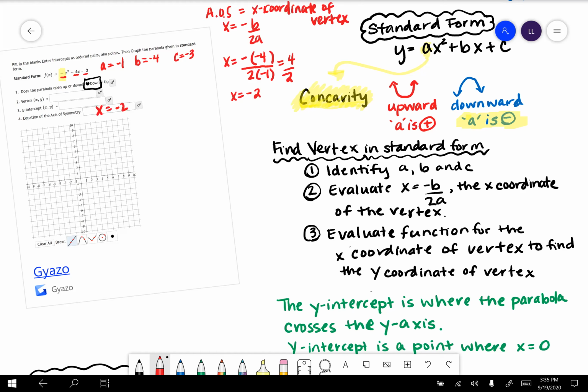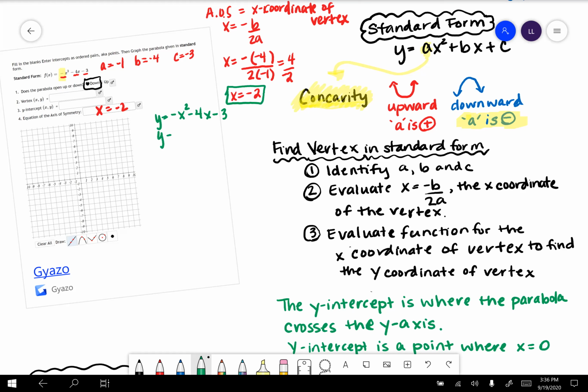Now we're going to go to step 3. Evaluate the function for the x coordinate of the vertex to find the y coordinate of the vertex. So my function is y equals negative x squared minus 4x minus 3. Everywhere I see an x, I'm going to substitute negative 2.